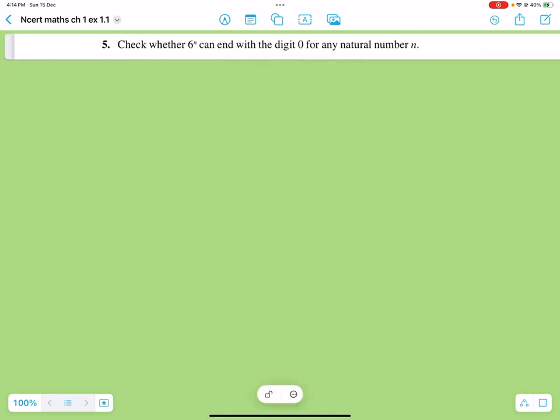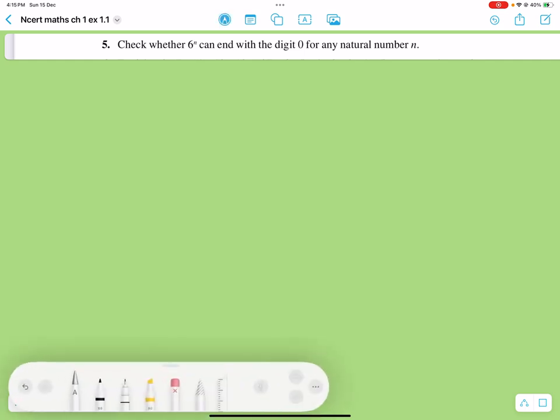It says, check whether 6 raised to power n can end with the digit 0 for any natural number n, right? We have gone through the fundamental theorem of arithmetic, and it says any composite number can be written as a product of prime numbers in only one unique way.